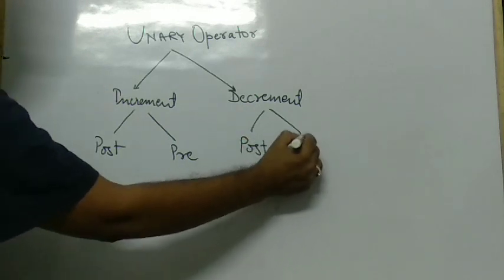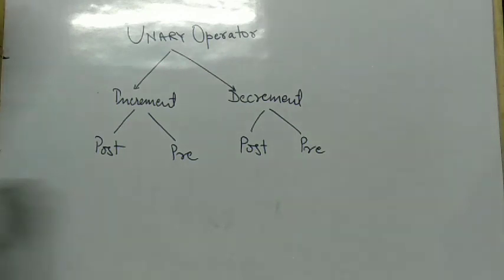So this is the chart. The unary operator is divided into increment and decrement, then increment and decrement are again divided into post-increment, pre-increment, post-decrement, pre-decrement.